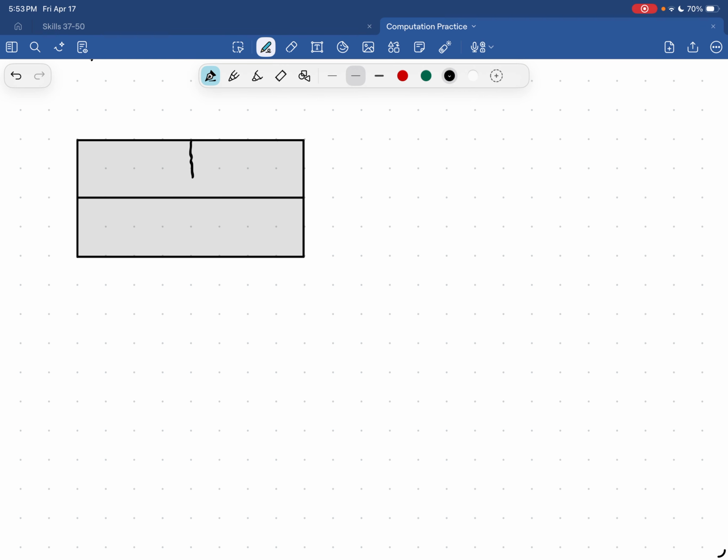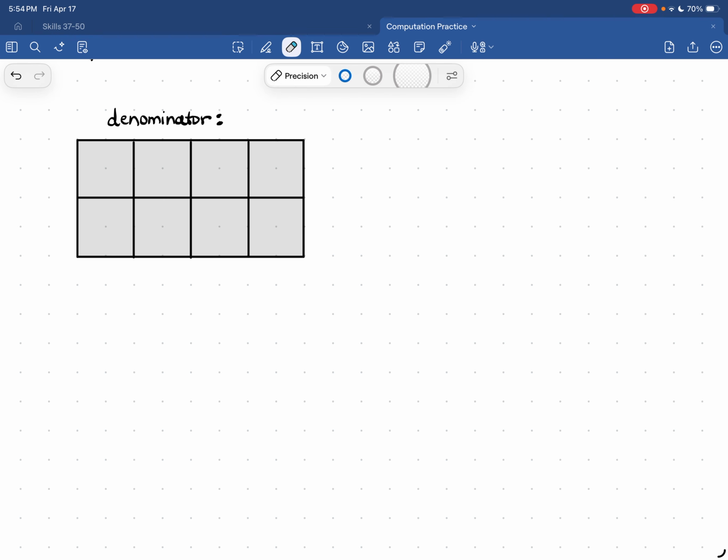A line down the middle, going this way. And then one more line here. And one more line here. So any fraction I write for this picture, count your sections. How many do you have? You should have 8.